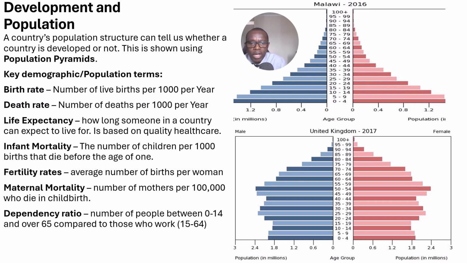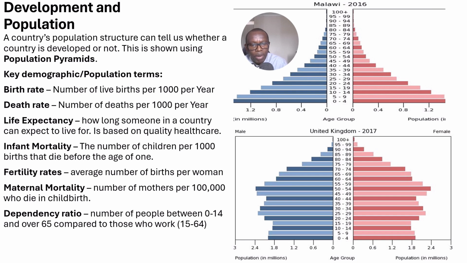Sometimes they're also referred to as population structures, but I think that for our specification, the examiners would like us to use the term population pyramid. So the population pyramid of a country can help us determine whether that country is developed or not. In other words, it will give us an idea of whether that particular country is developed or not.